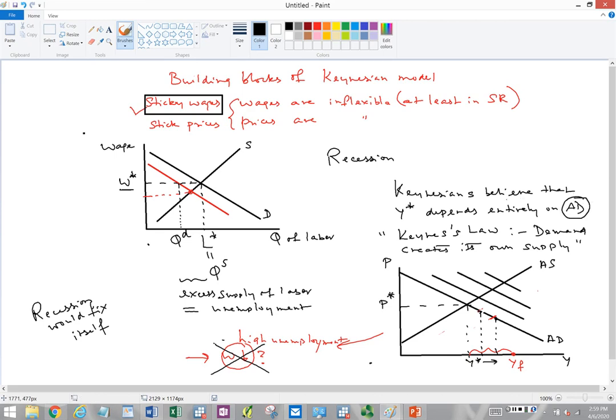Now you might say, what is the role of the government in this? How can the government actively manage aggregate demand? Well, you must remember that one of the components of aggregate demand is government spending. And that is in the control of the government. That's part of the government's deliberate fiscal policy, as we just learned. So what the government could do in times of recession is increase its spending.